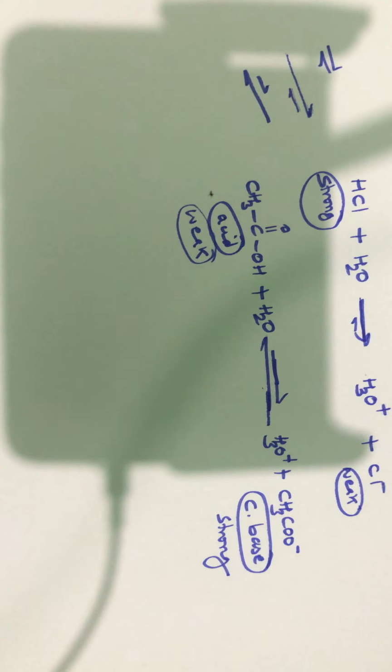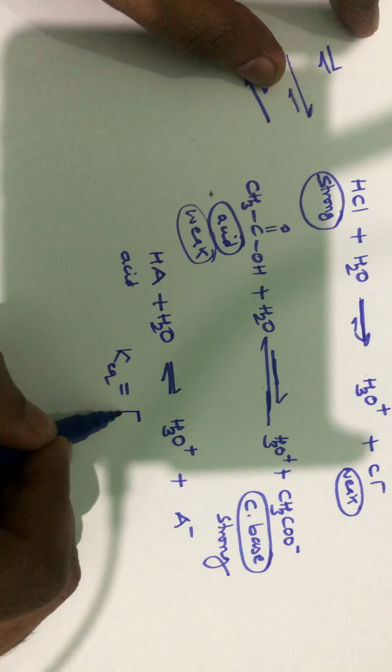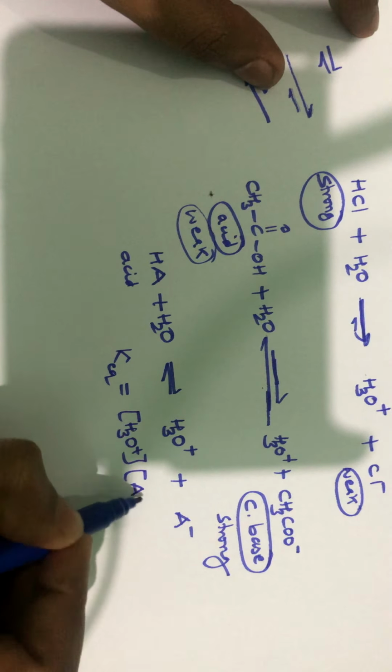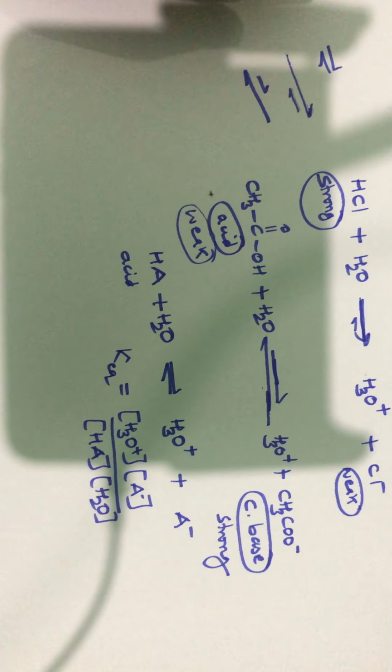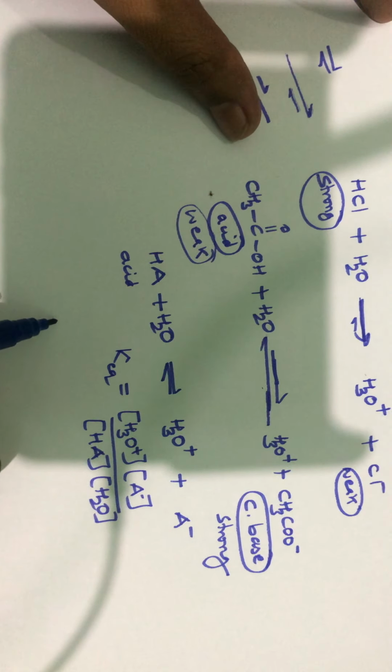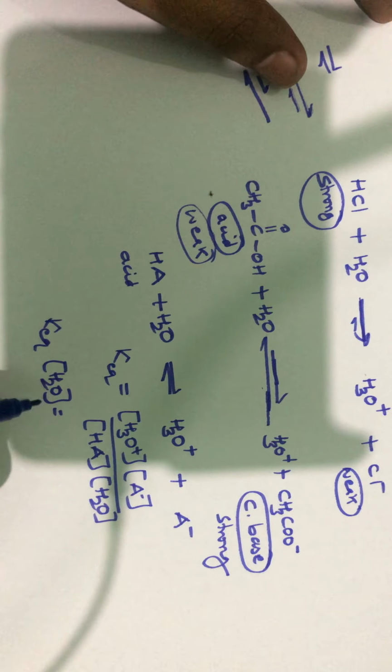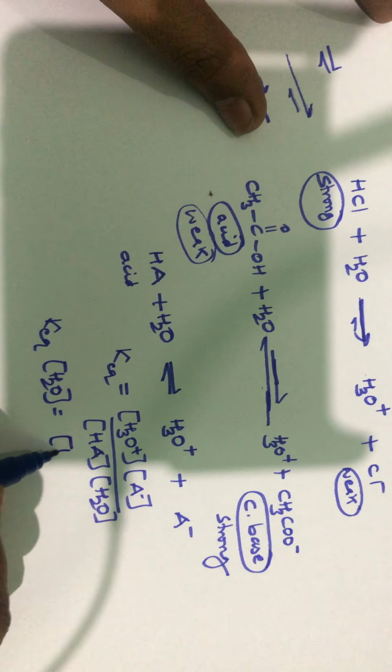So the equilibrium constant K is equal to the concentration of products divided by the concentration of reactants, that is H3O plus into A minus divided by HA into water. I will take the water to the other side, so it becomes K equilibrium into water. Water will generally be in excess, so its concentration almost remains constant.